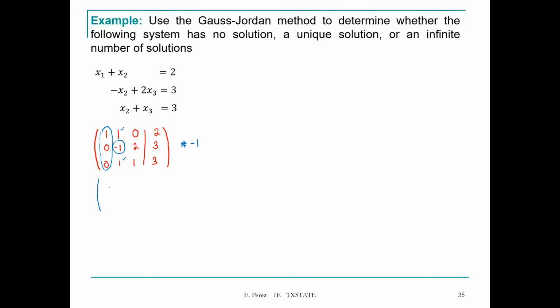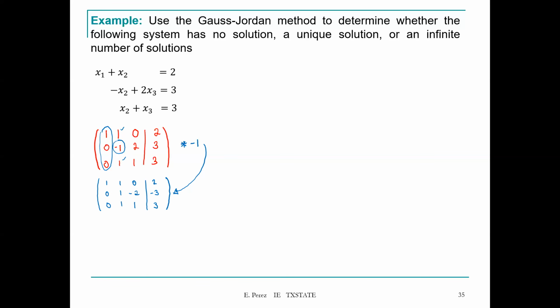We'll have 1, 0, 0, 1, 1, 1, 0, -2, 1, and then 2, -3, 3.